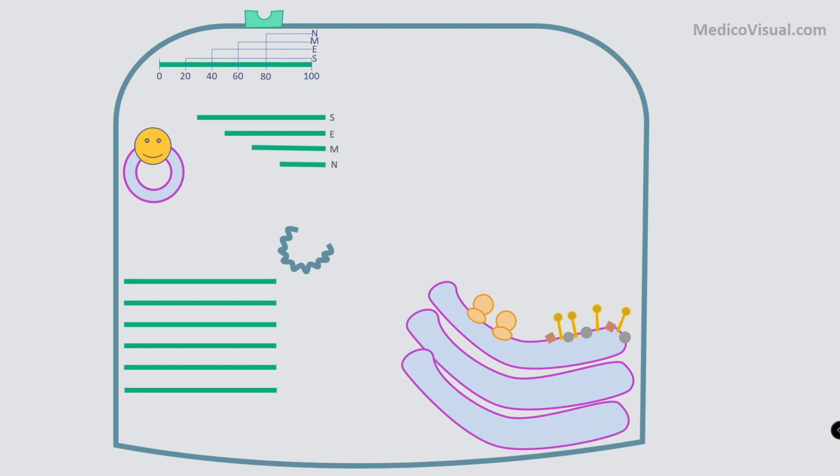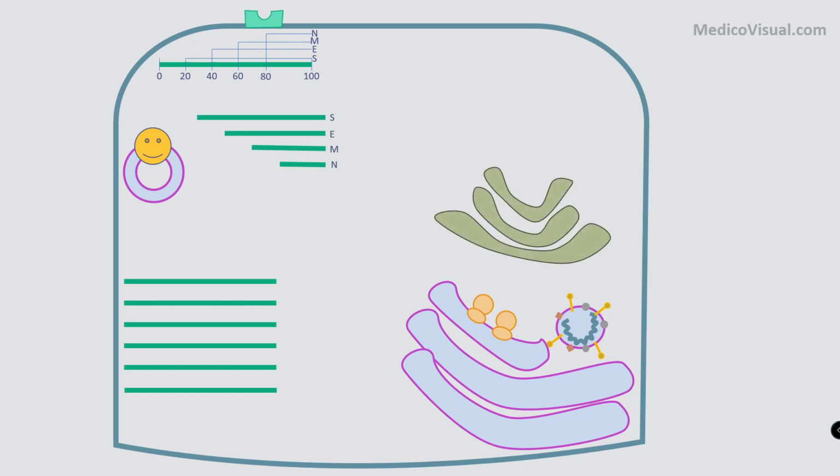So now what will happen? This nucleocapsid will go inside the endoplasmic reticulum, right? And then it will pinch off a part of the endoplasmic reticulum where these proteins are present and where this nucleocapsid was present. It will bud off from the endoplasmic reticulum, and here we have our beloved Golgi apparatus.